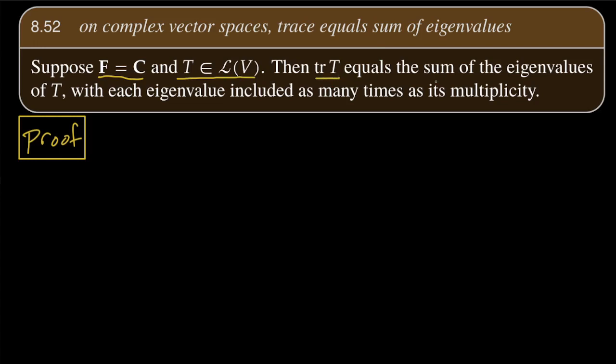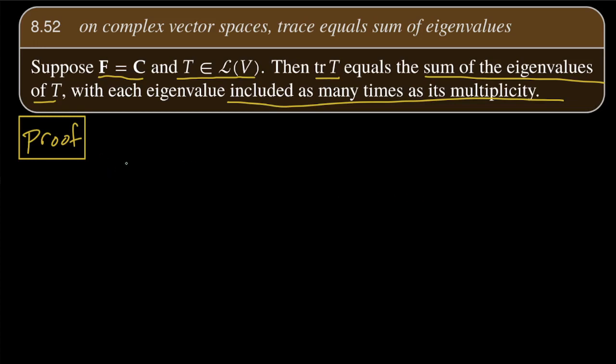The claim is that the trace of T equals the sum of the eigenvalues of T, each eigenvalue included as many times as its multiplicity, which, remember from the lectures last week, is the dimension of its generalized eigenspace, right? Okay, so let's roll through it.